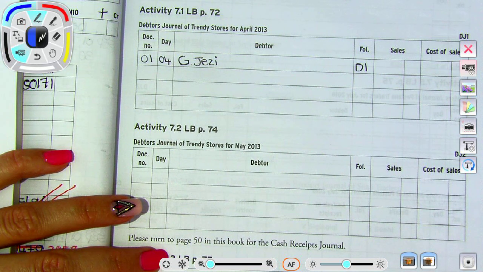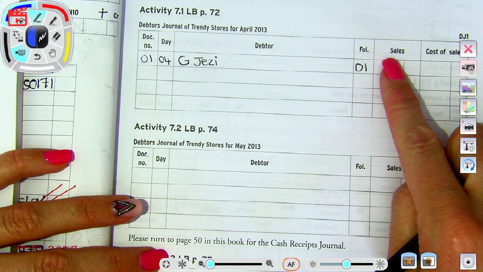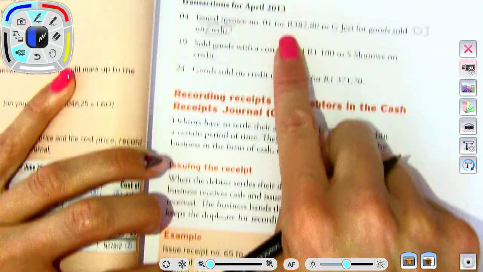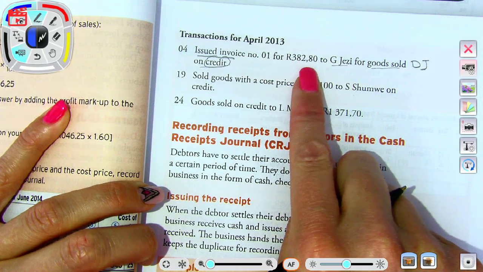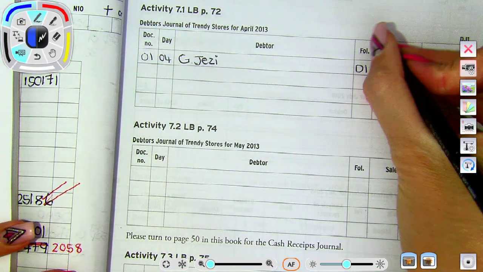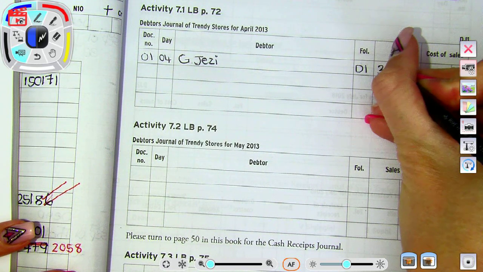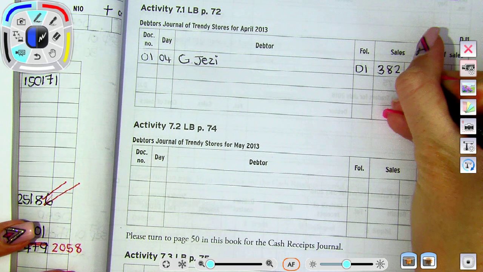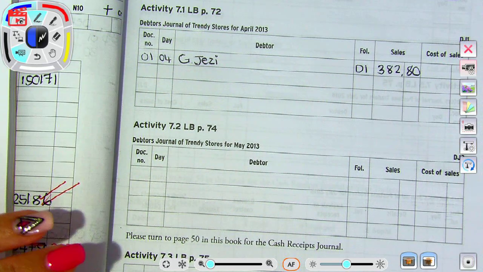And then it says there, sales. So what was my selling price? Well, it says here that we sold goods on credit for 382 Rand and 80 cents. So that is my selling price. Enter that into your sales column, 382,80.